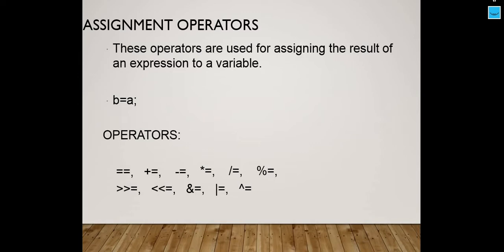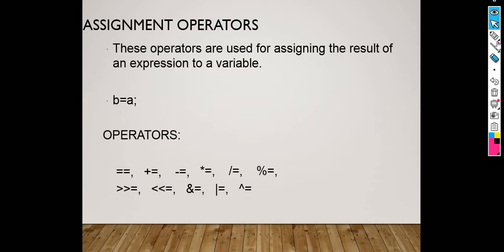Let me write it for you on the screen in order to make it a bit clear. This is a shorter form of, if I want to write a is equal to a plus 1, I can write it like a plus equal to 1. It is a valid statement. This is a valid C statement.